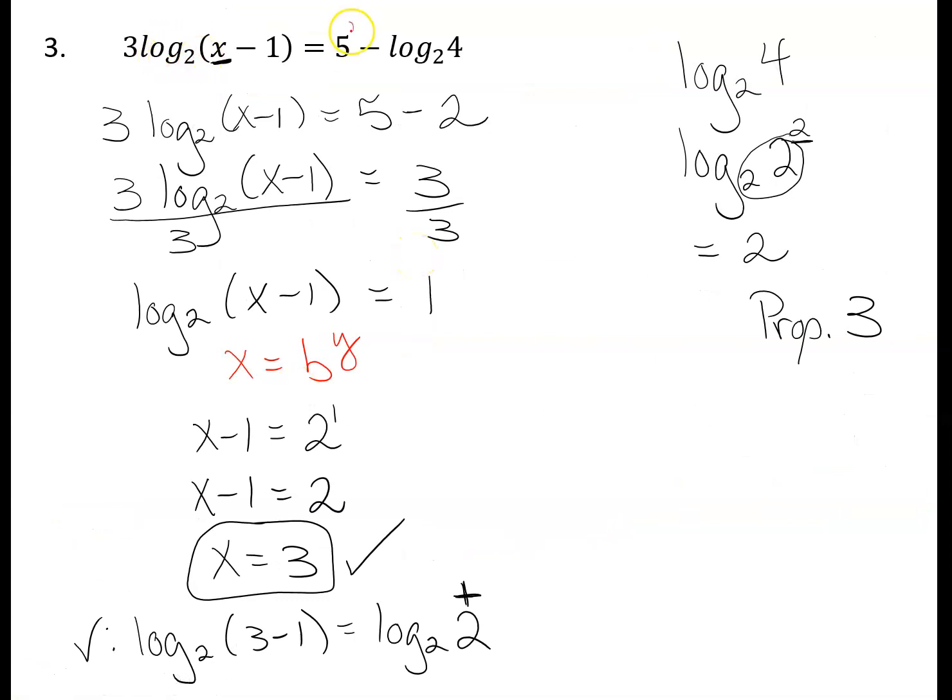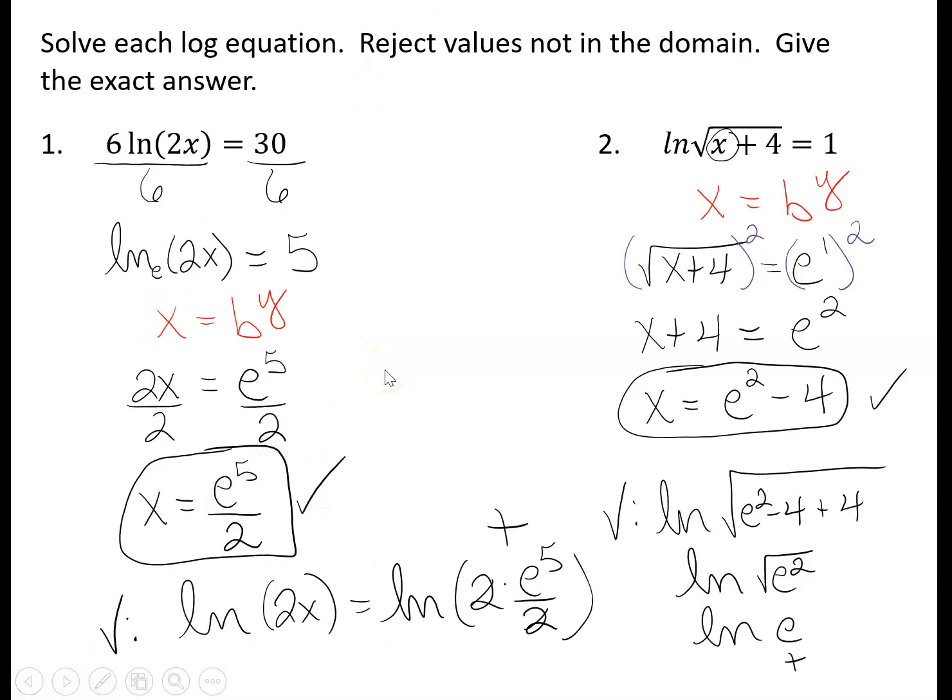Log term, constant, log term. And let's look back at number 1 and 2. Log term, constant. Log term, constant. Okay? So those steps that we just did, you're going to use when you have a log term or more than one and a constant.